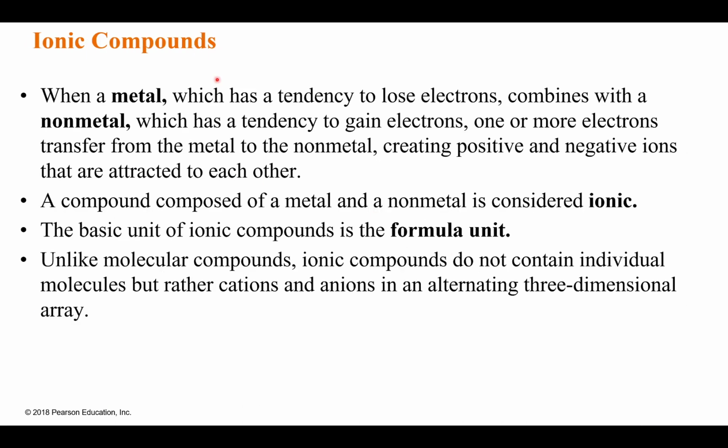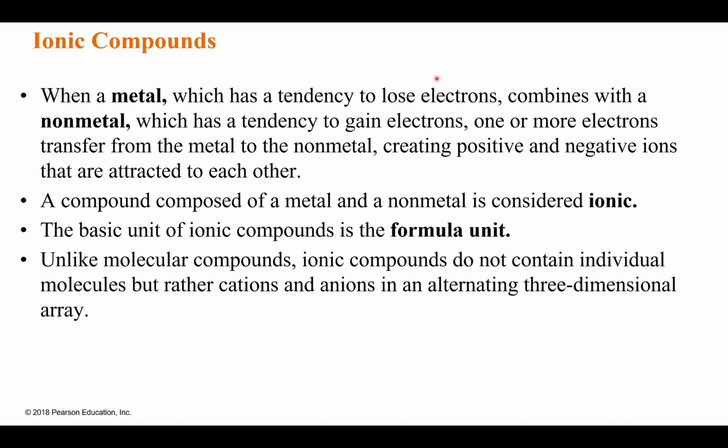So for ionic compounds, we learned in the last chapter, chapter 4, that metals have the tendency to lose electrons in order to have a valence shell similar to the noble gases. And when they do, they don't just lose the electrons into the void, they transfer those electrons.